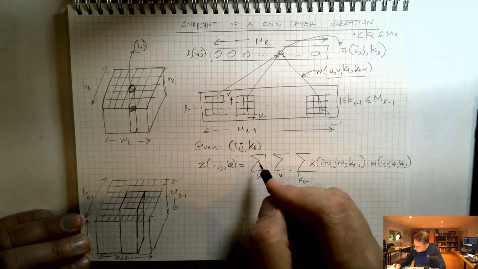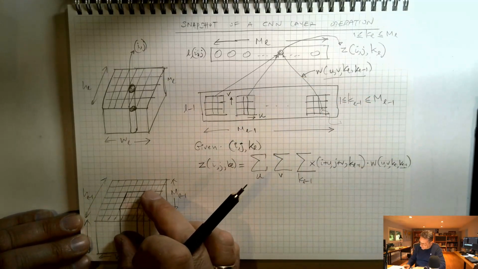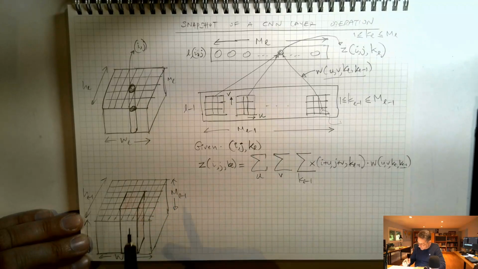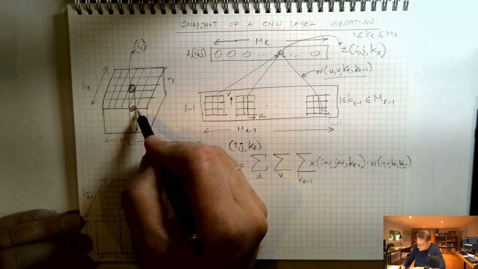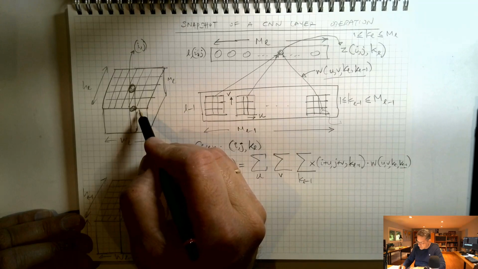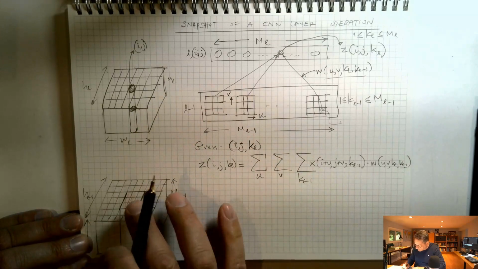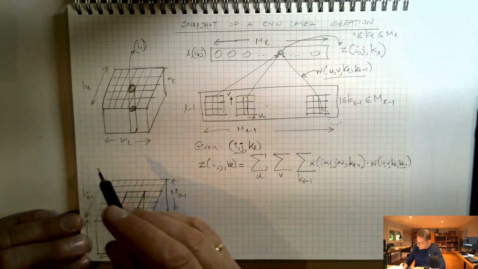This is a 3-dimensional dot product, and as you can imagine, as I'm sliding the filter to another location in the next snapshot, the only thing that is changing is the spatial coordinate that is being produced in this scalar. So by moving the filter around, I'm changing the i comma j of what I'm producing.